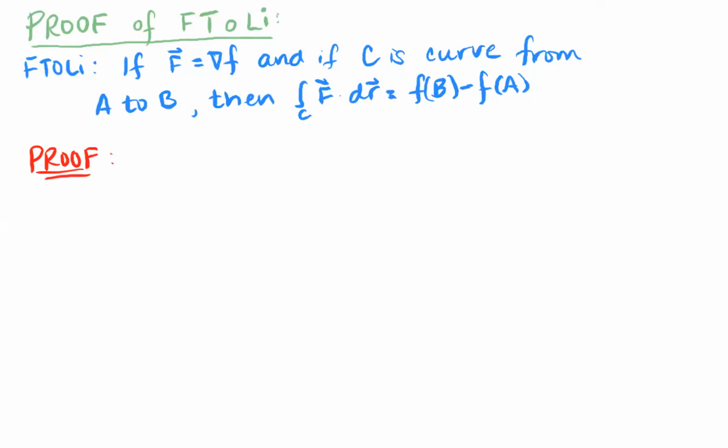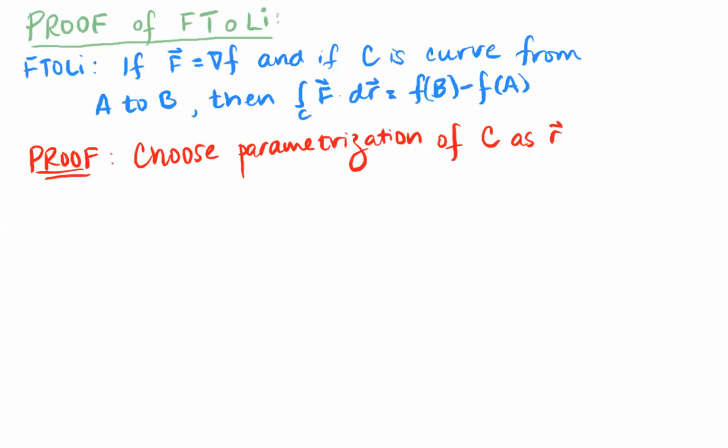So you're going to choose a parameterization of C as the vector valued function r of t, where t goes from a to b.